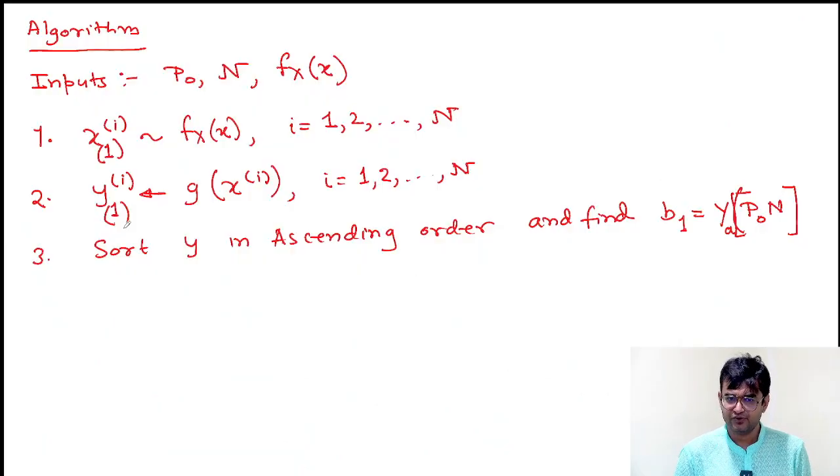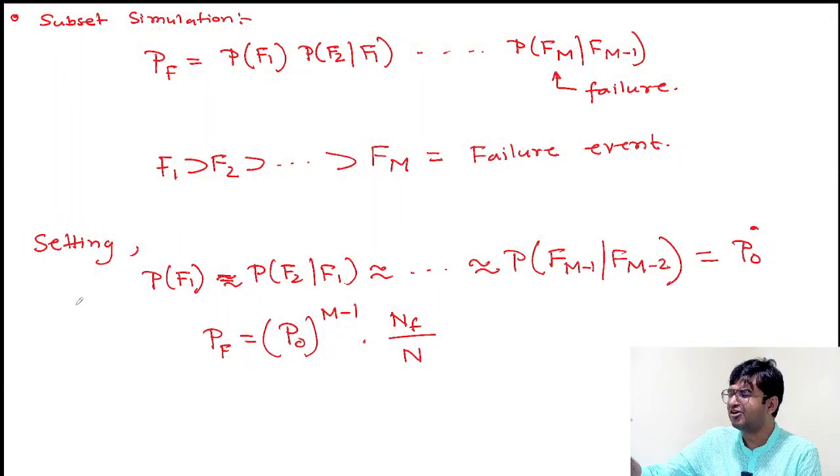Okay, so this is done. Step 4. What will you do? Select samples that belong to f1, the event f1, and f1 means failure. And not failure, I mean which are less than this threshold, whatever it is.